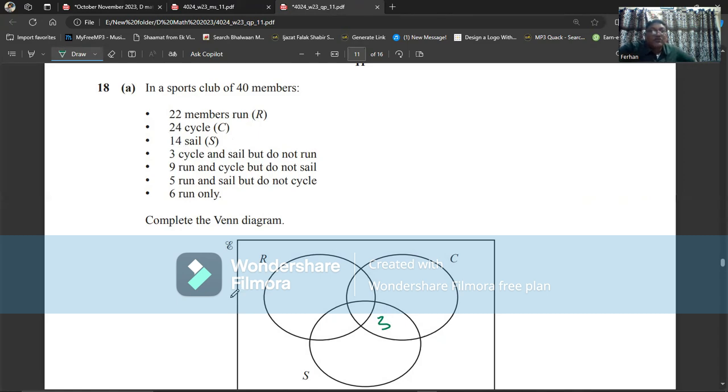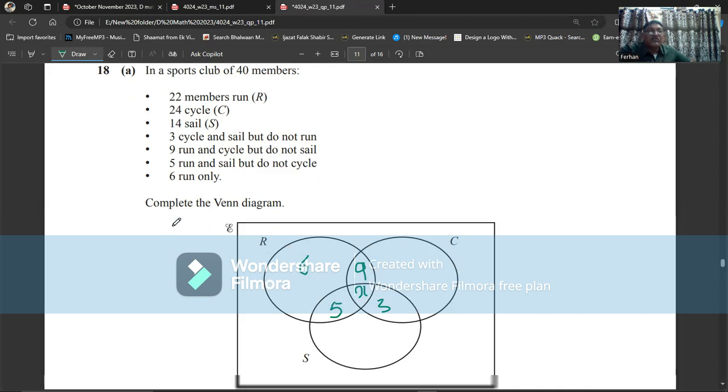Then he says 9 run and cycle but not sail. 9 run and cycle but not sail. 5 run and sail but do not cycle, so 5 will come here. So 6 people run only. So we don't know how many people run all three.